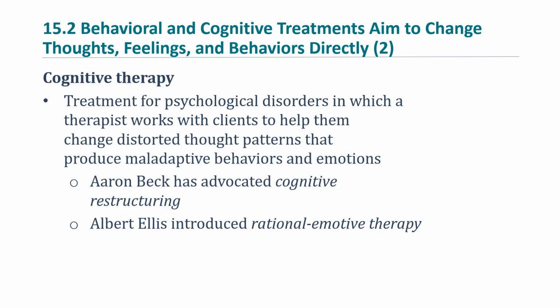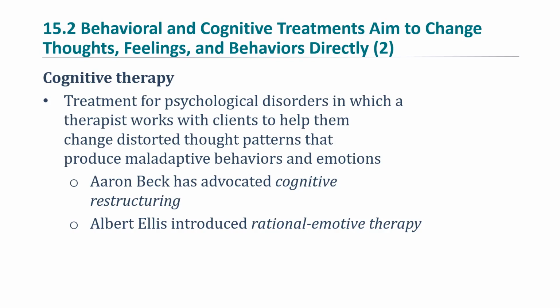So I'm just going to lump them together as cognitive therapy, and not deal with the specifics of each. Just remember, Beck is with cognitive restructuring and cognitive therapy. Albert Ellis is rational emotive therapy.